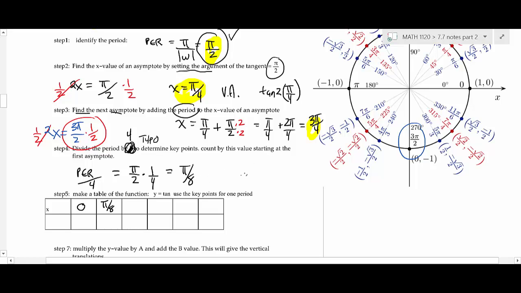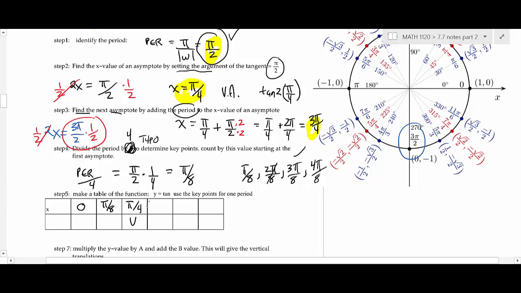Now you don't have to write this out unless you feel like you need to, but when you count this out, what am I doing? I'm counting by the numerator. So you just keep counting that out by 1 pi, 2 pi, 3 pi, 4 pi, and it's all over 8, and then you reduce as you go. So 2 pi over 8 is going to be pi over 4. That's a place where we found that we had a vertical asymptote, so I'm going to put undefined there.